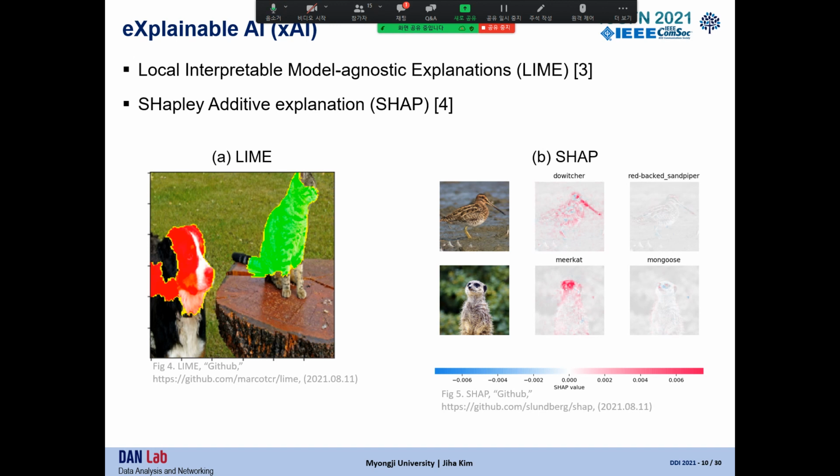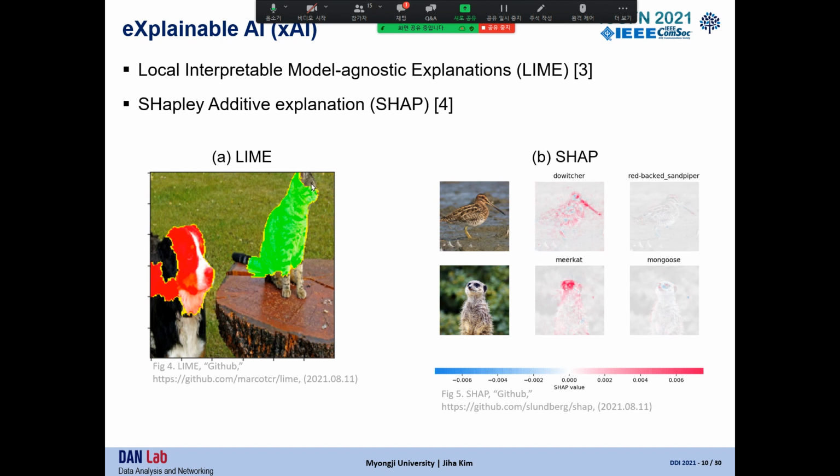Okay. SHAP shows the weight for the area of interest, this area and this area. And LIME shows the affecting area.